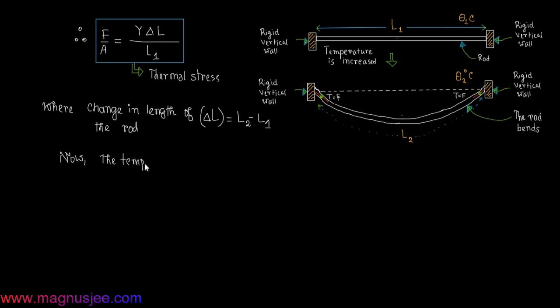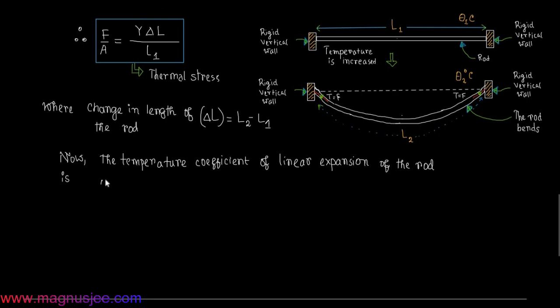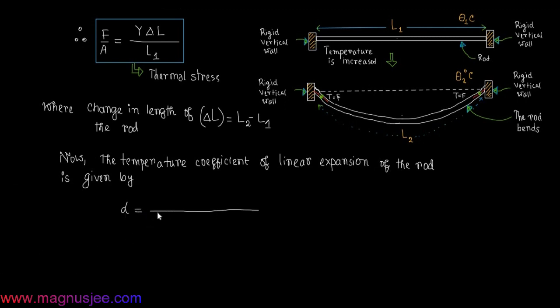the temperature coefficient of linear expansion of the solid rod is given by alpha, which is equal to the change in length of the rod divided by the initial length of the rod into the change in temperature.